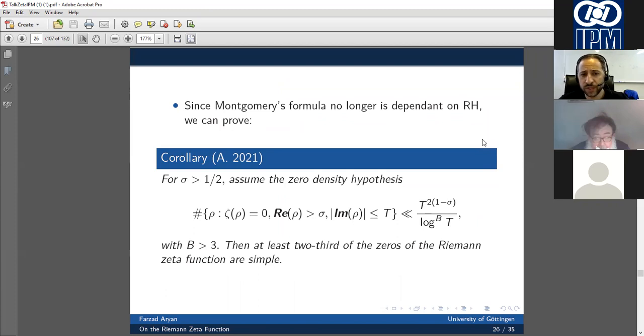What we prove is that if you assume what is called the zero density hypothesis, then at least 2/3 of zeros are simple. The zero density hypothesis basically allows some violation of the Riemann hypothesis. It means you can have some zeros off the critical line, but the number of them shouldn't be too much.